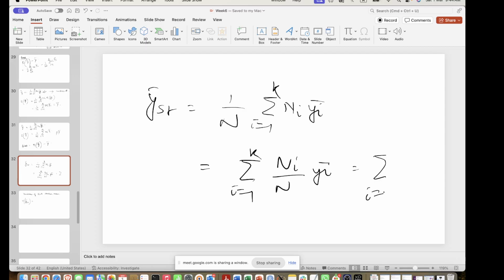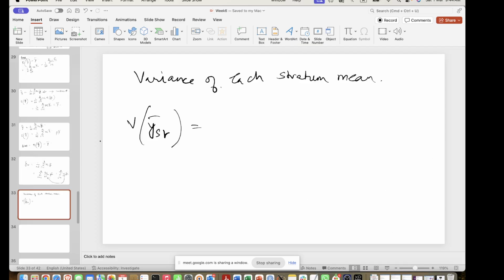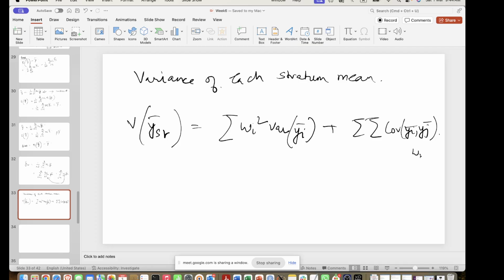So that could be summation i equal to 1 to k wi yi bar, where wi is actually ni by capital N. So variance of y bar st is actually summation of wi square variance of yi bar plus double summation covariance between yi and yj into wi wj, where i not equal to j and i goes up to k.